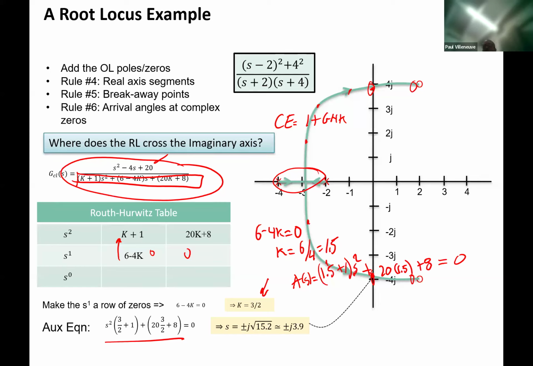Will we get an overshoot if we're over here on the real axis? There's no overshoot, right? It's an overdamped system, or potentially a critically damped system, but we know we have no overshoot. It's only once we leave the real axis that we have overshoot. So how do we limit it to less than 20%?